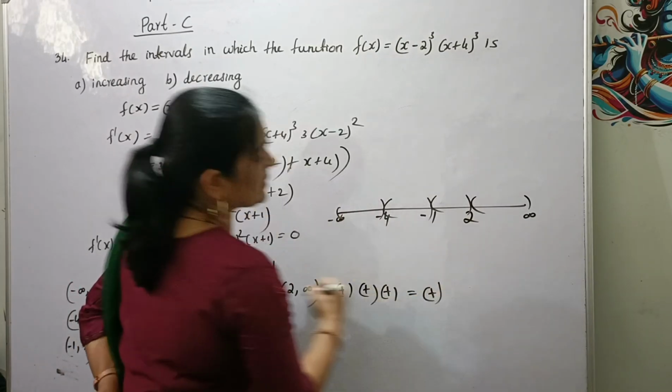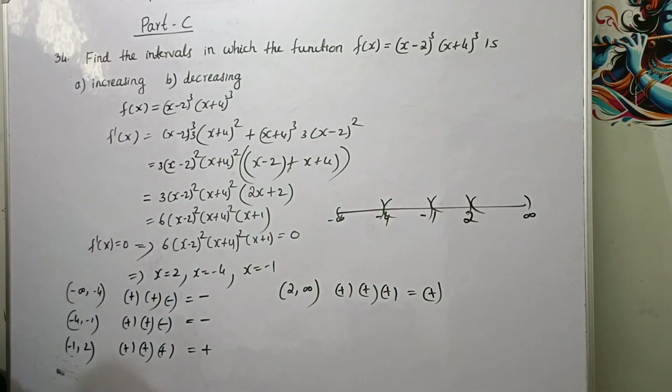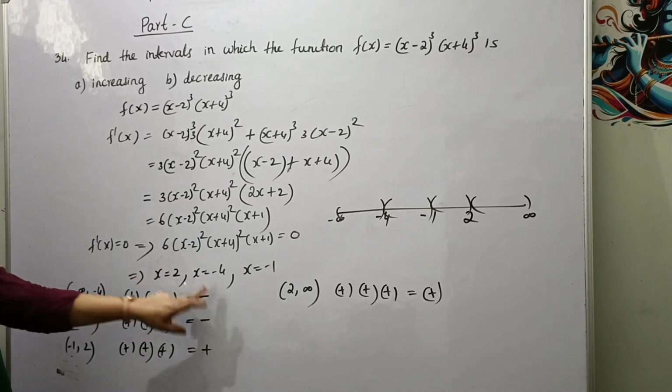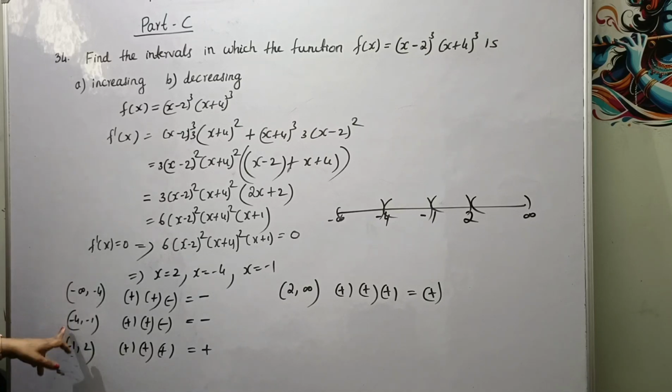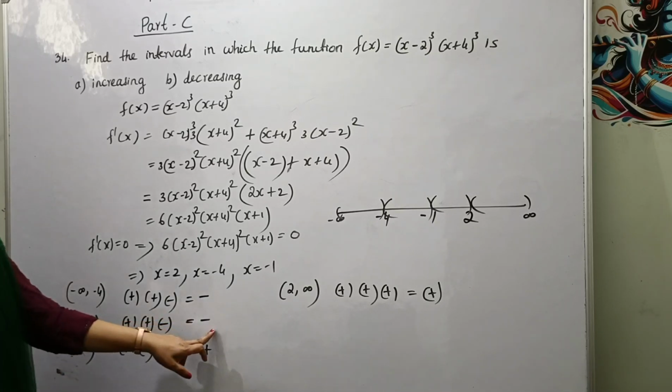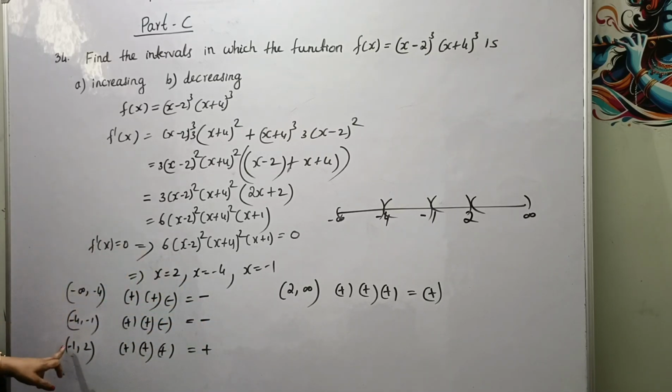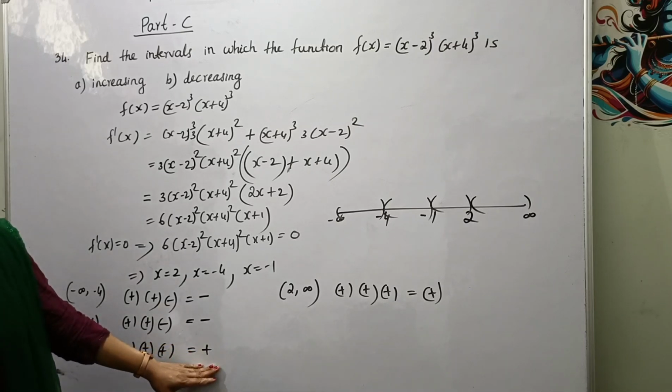That is plus. Okay. Now, here we have got at the interval minus infinity to minus 4, f dash of x is less than 0. At the interval minus 4 to minus 1, f dash of x is less than 0. At the interval minus 1 to 2, f dash of x greater than 0.